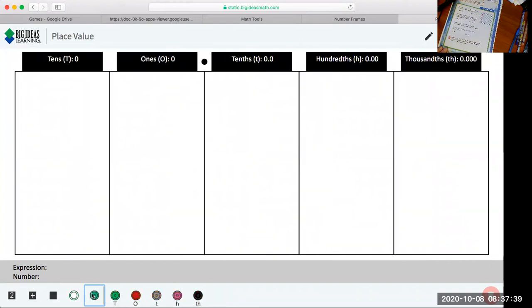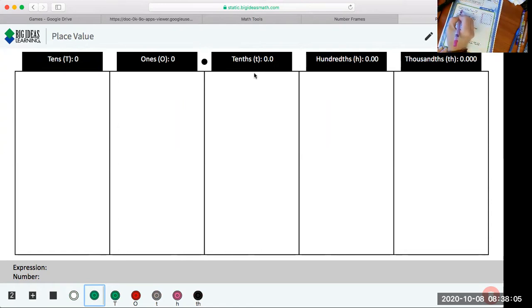Try again. Here it is. Here's my decimal point. We have our tens and our ones. This is our whole number. There's the decimal point right here. And then we have our tenths right after the decimal point. Then our hundredths, and then our thousandths. But the column right after the decimal point is the tenths.